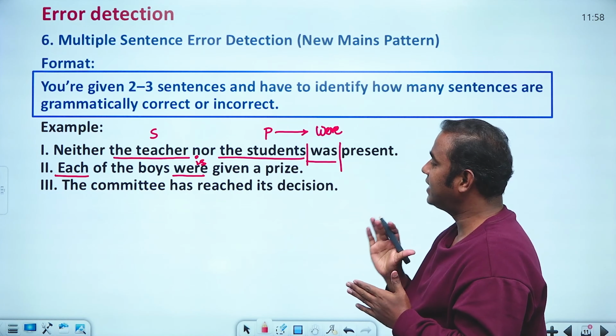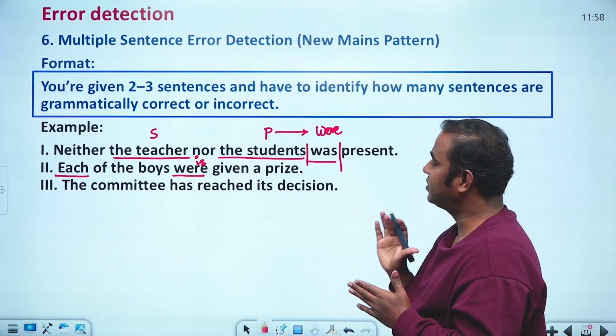Then, the committee has reached its decision. This is the right sentence. The committee is a singular quantity, third person.